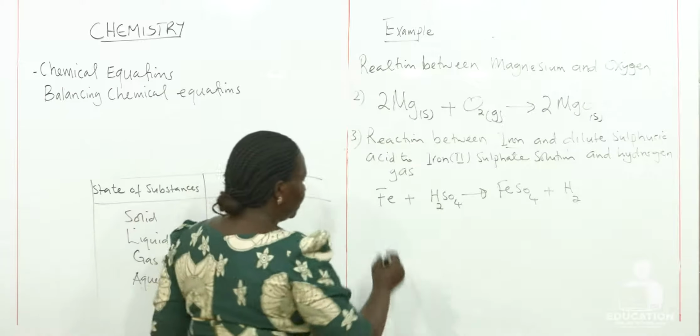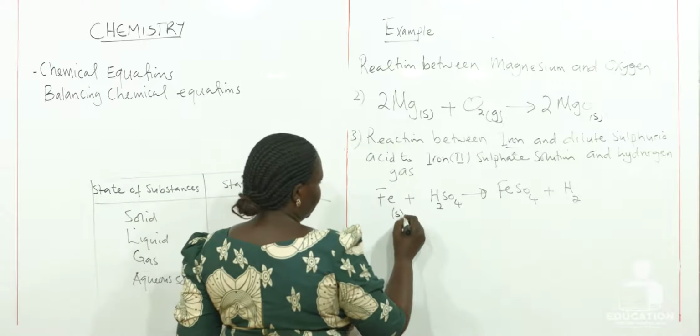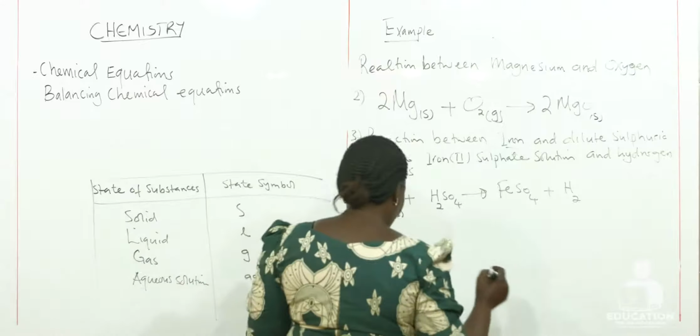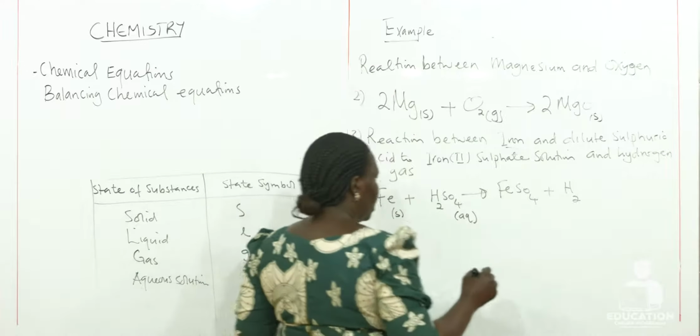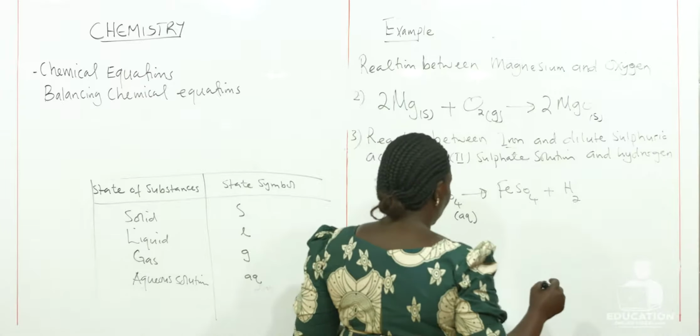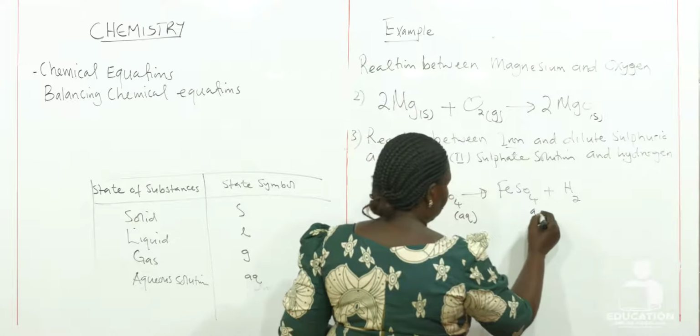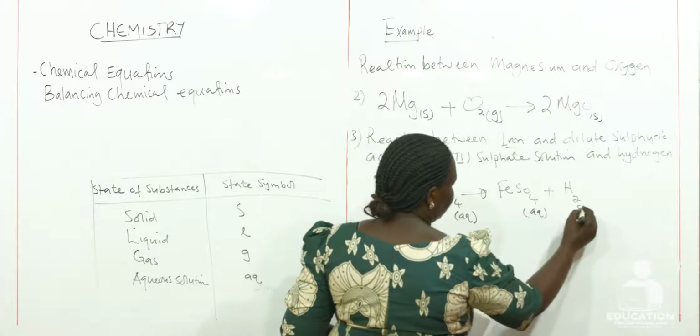So iron is a solid, and then this is aqueous solution, iron 2 sulfate solution, aqueous, and then hydrogen gas.